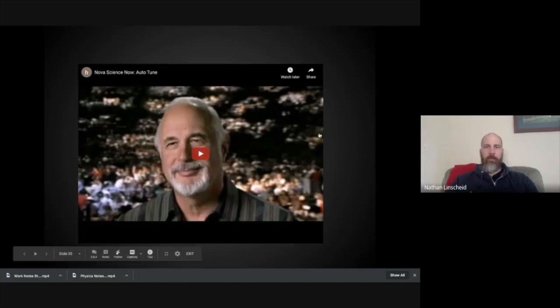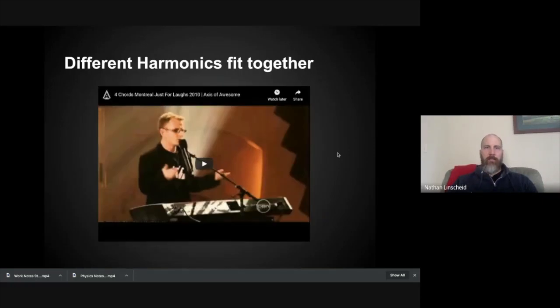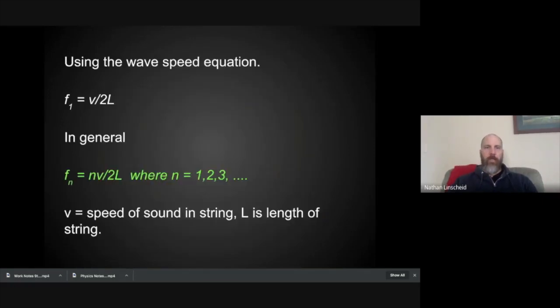All right, this is super interesting on auto tune and how voices are fixed, and this is just kind of fun. So mathematically, using the wave speed equation, we know that velocity equals frequency times wavelength, and we're putting wavelength in as 2 times the length of the string. So this is lambda, but we changed it to 2L.